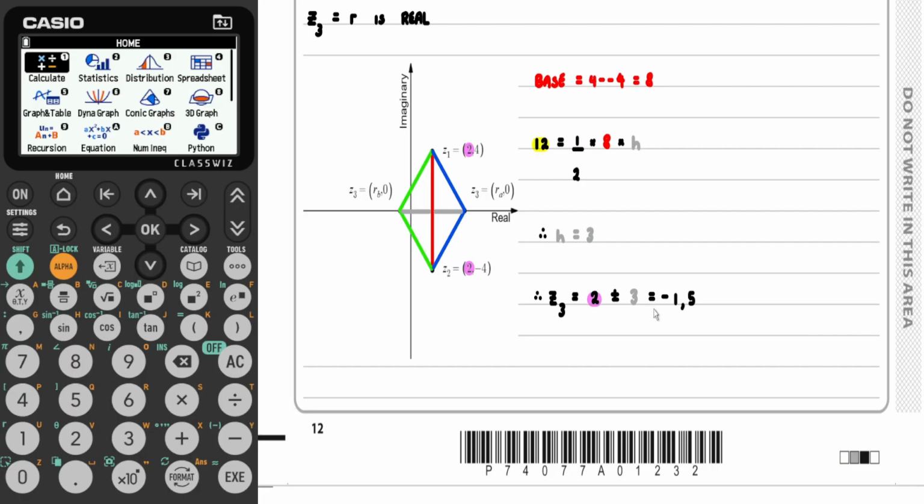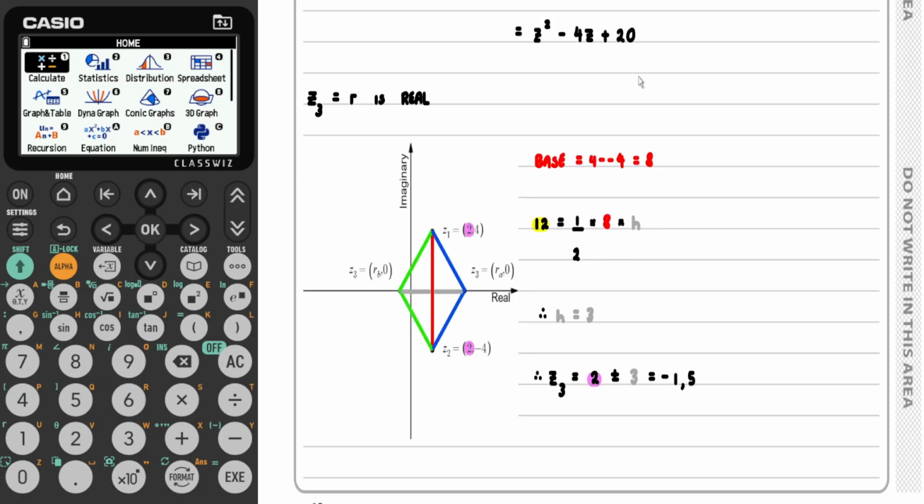So z3 will either be negative 1 or 5. We have this quadratic factor z squared subtract 4z plus 20, and from z3 equals r, we can form a linear factor. If we multiply the quadratic factor by the linear factor, we would get f(z). And there are two possibilities for z3, that's negative 1 and 5.